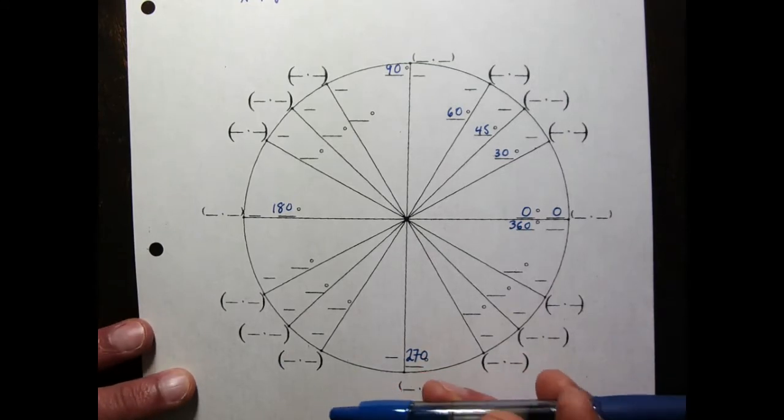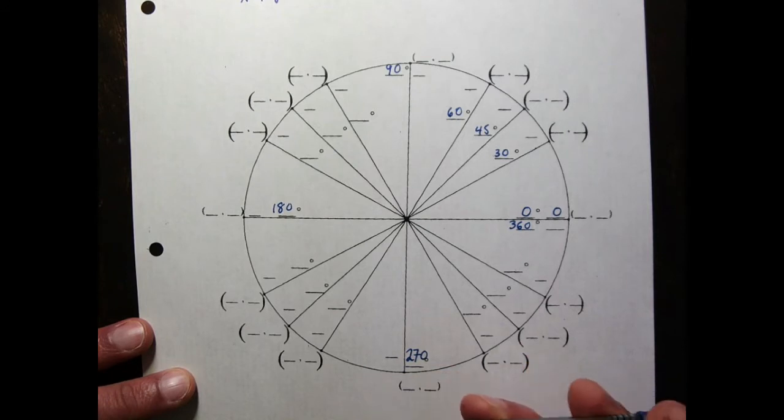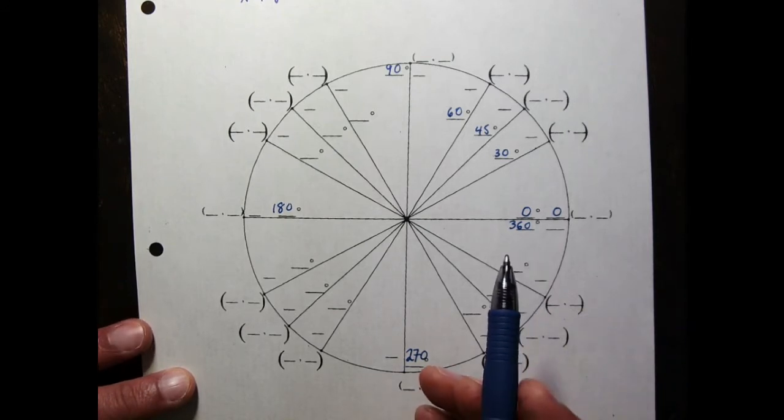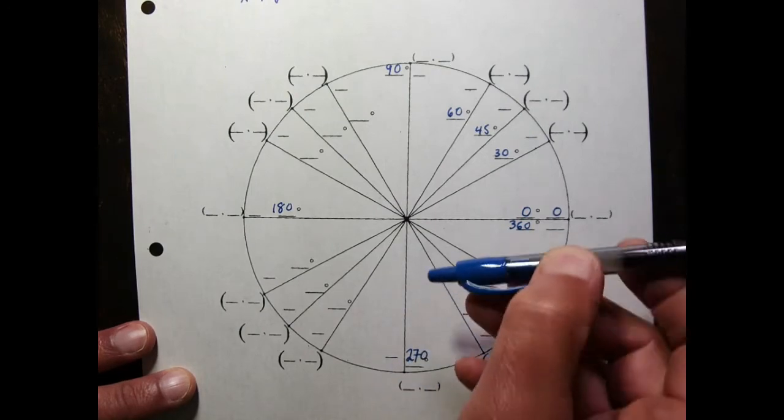So I could either count by 15, or you can also just count by increments separately. For instance, I could use 45 degrees.